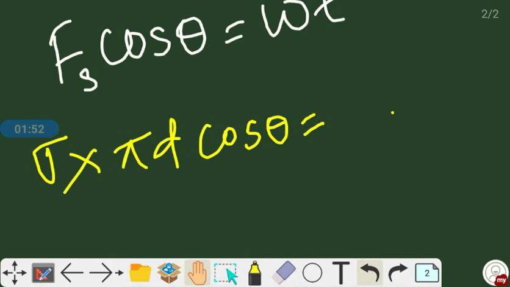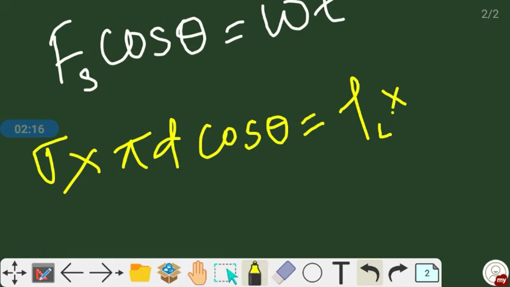What will be the weight? Weight of the liquid will be mass into gravity. What is mass? Mass is density into volume. So we can write density of the liquid into volume of the liquid.